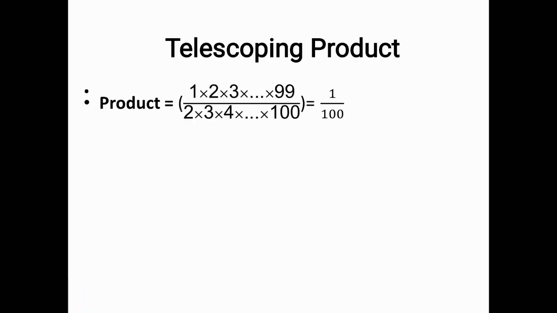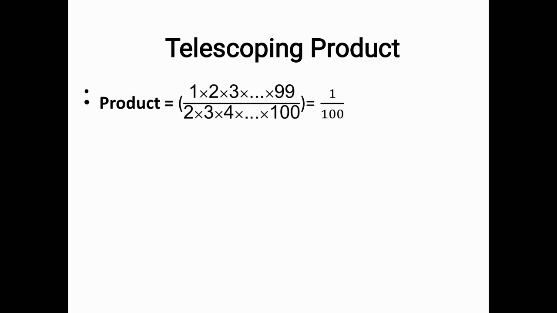When you are multiplying, you can use a telescoping product. You multiply the numerators together and the denominators together, and only the remaining terms are left. In the numerator we have 1 times 2 times 3 times 4 times 5 up to 99.